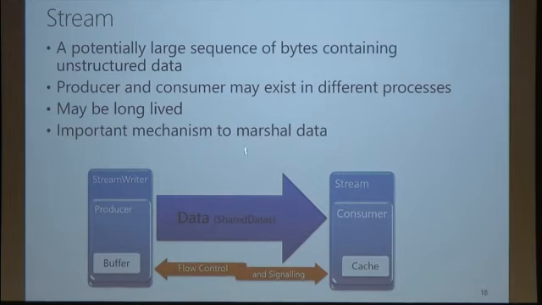An important characteristic of a stream is there is flow control. So when you write something in the stream writer, you get a back pressure token back. You can choose to ignore it. It's legal, right? It won't give you a compile error.